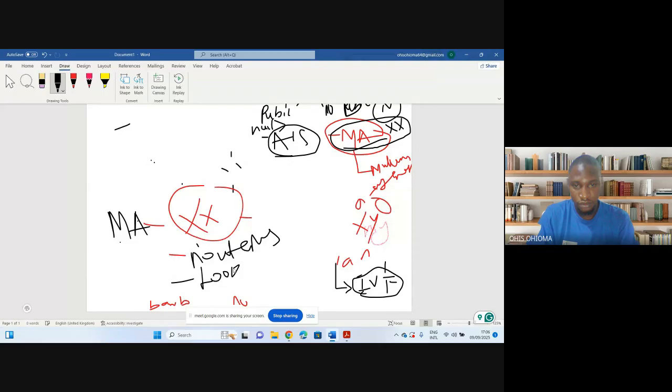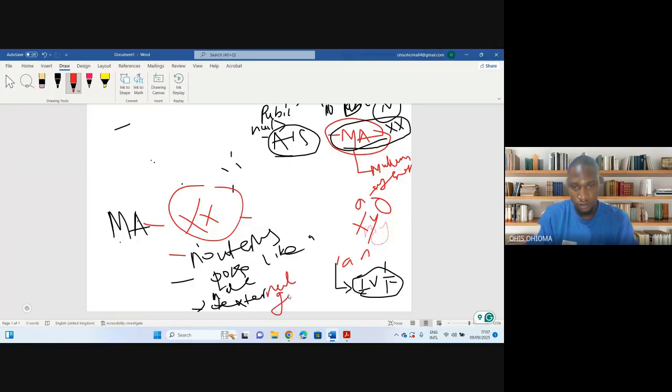Looks like a male. External genitalia is male-like.